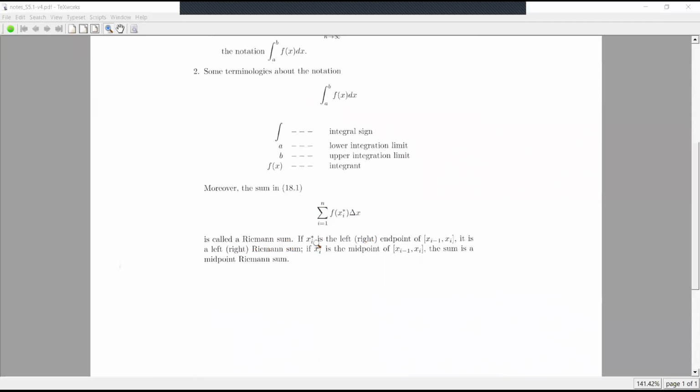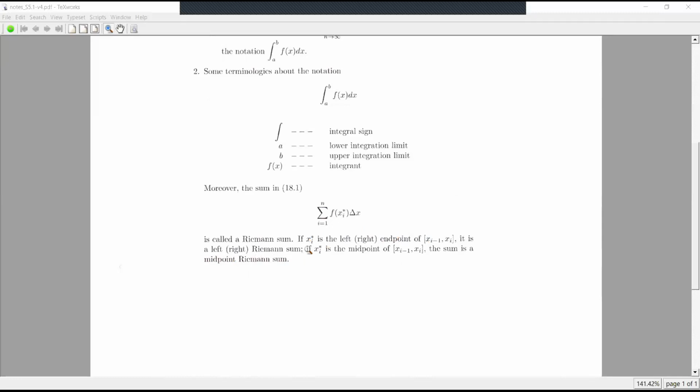Xi star is an arbitrary point from a subinterval. If you choose xi star to be the left endpoint of the subinterval, then this sum is called a left Riemann sum.